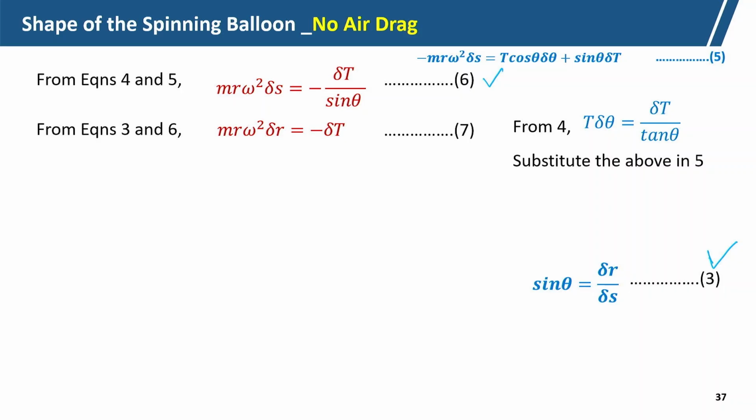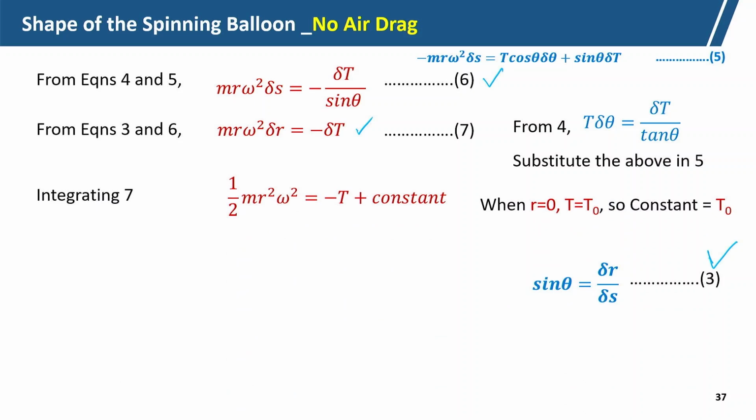m r omega square dr equal to minus delta T. And integrating equation number 7, we will get half m r square omega square equal to minus T plus constant, when r equal to 0 and T equal to 0.